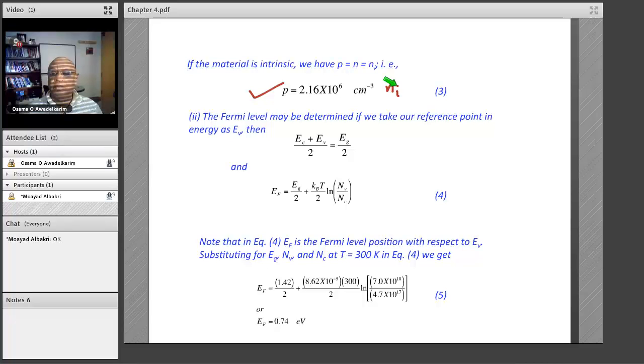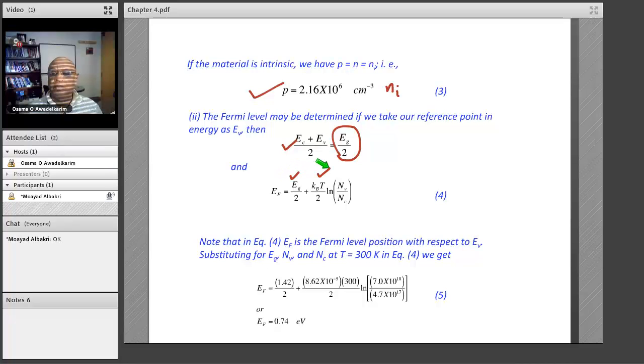Now the Fermi level can be obtained from that equation. I'm going to put EC plus EV over 2 as the middle of the band gap, EG over 2. So my equation becomes EF, the position of the Fermi level, is the middle of the gap plus this factor.